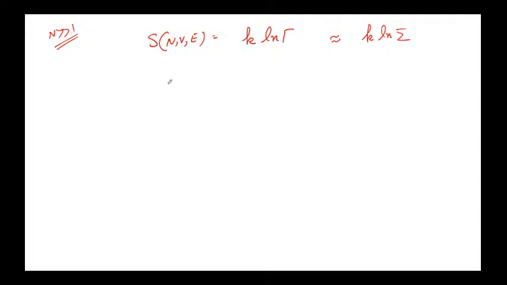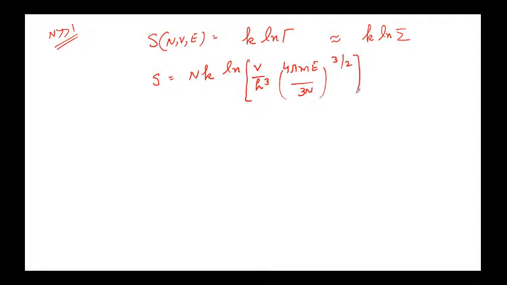So S comes out to be nk log of V over h cubed, 4 pi m E over 3n to the power 3 by 2, plus 3nk by 2.